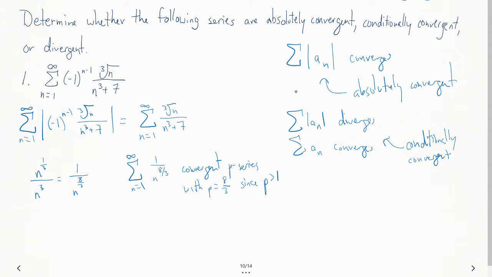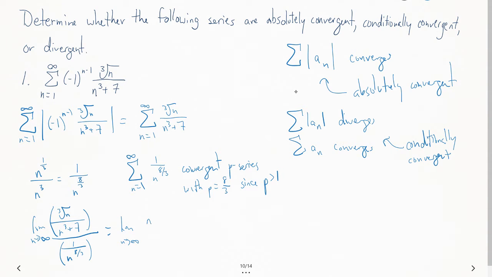Try and work with this. That means that when we take the limit as n goes to infinity of the cube root of n over n cubed plus 7, and we divide all that by 1 over n to the 8/3, that becomes the limit as n goes to infinity.